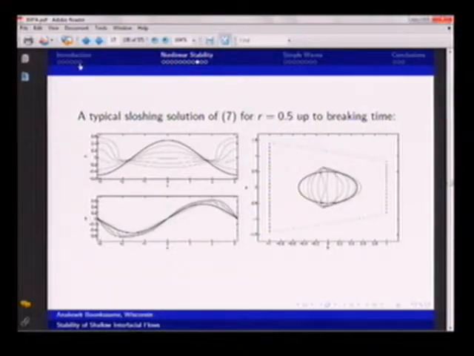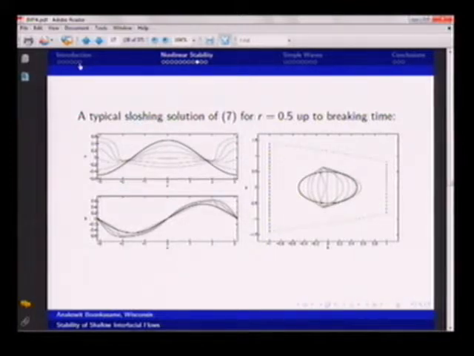A typical sloshing solution looks like so. I don't know if you can see the thin curves clearly, but there's something I'd like to say about this, and I'll come back to it if I have time.